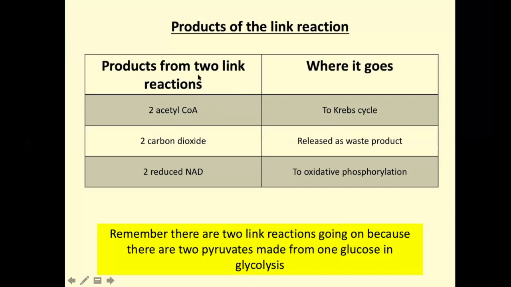This is assuming 1 glucose. 2 carbon dioxide is given off as a waste product, and 2 reduced NAD go to oxidative phosphorylation, the final step occurring in the membranes where you're going to get your 32 ATPs made. So every NADH or reduced NAD that you make is going to end up useful for making ATP eventually. Every time we make a NADH, we're very happy.